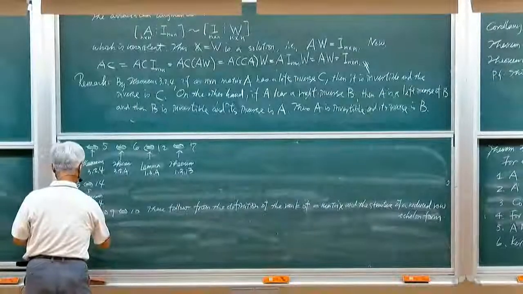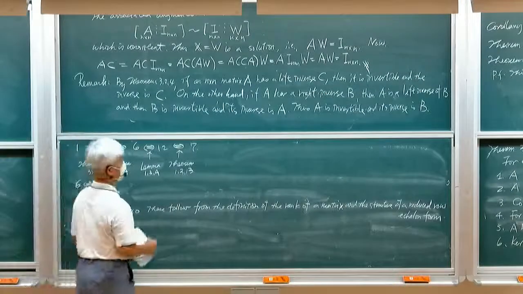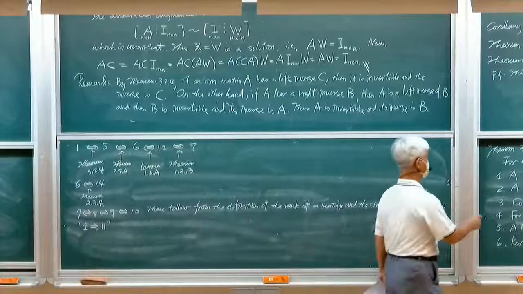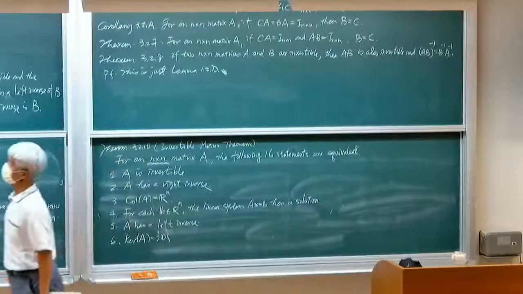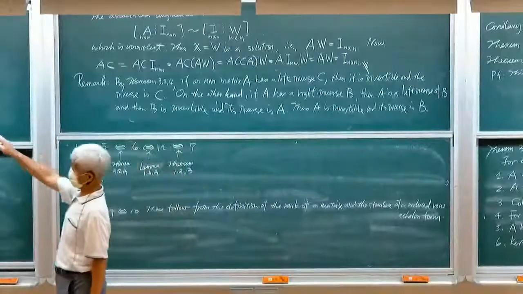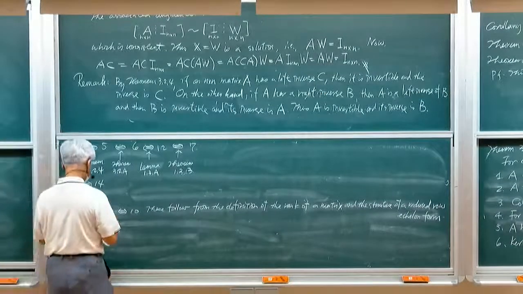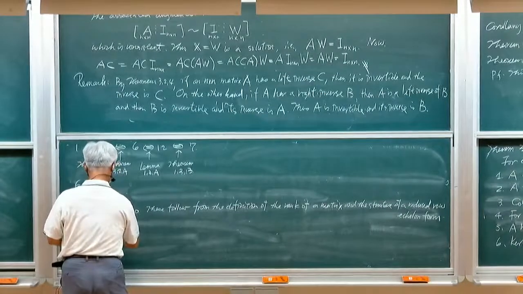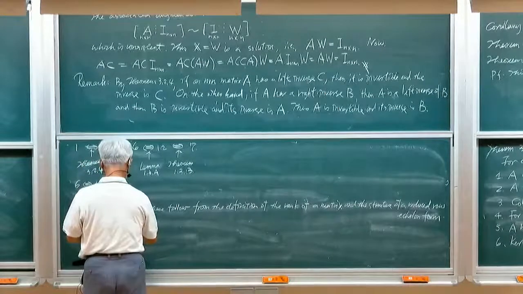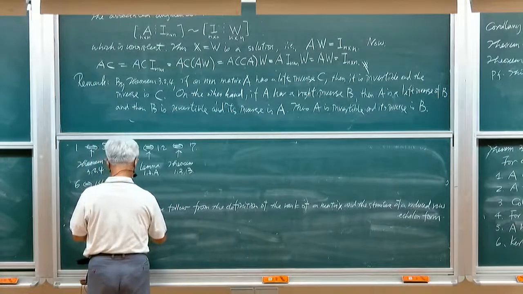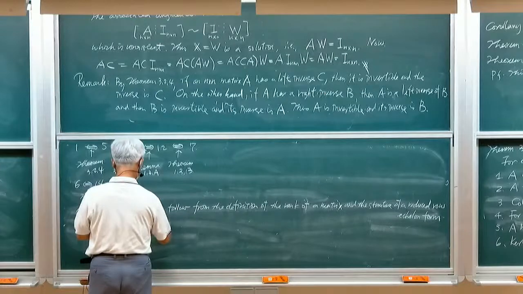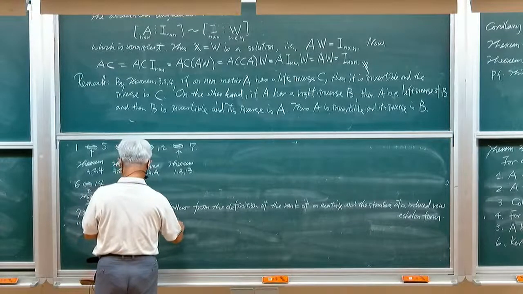1 implies 11. Okay, so we want to show that if A is invertible, then A transpose is also invertible. Now, since A is invertible, we have this one.